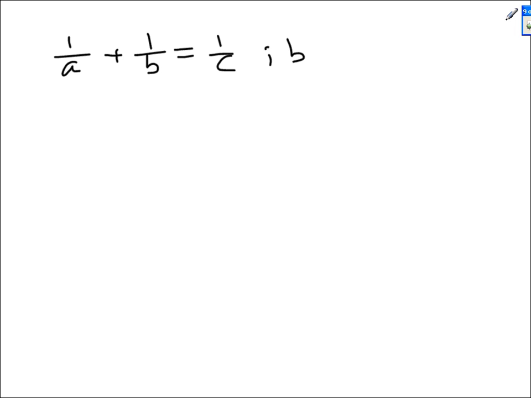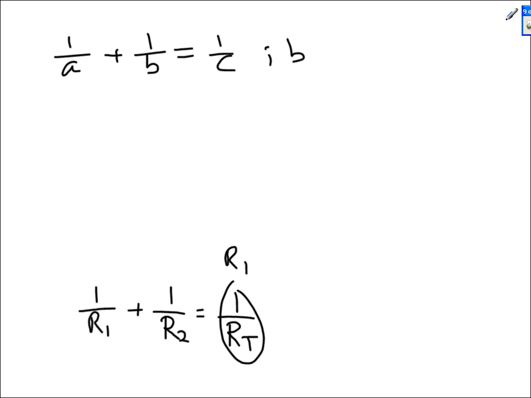And a would be, say, the first resistance plus 1 over the second resistance. This would equal 1 over the total resistance. If you want to know the total resistance, well, the reciprocal of this is just RT, the total resistance. You need to find the reciprocal of that. Okay, maybe a better problem would have been to solve for C, but let's solve for B anyways.